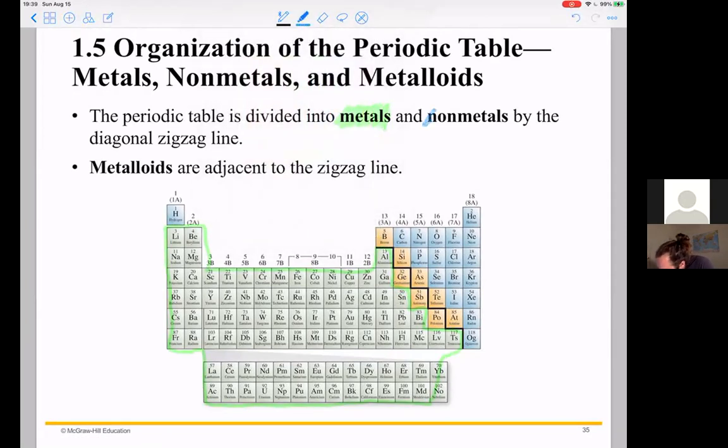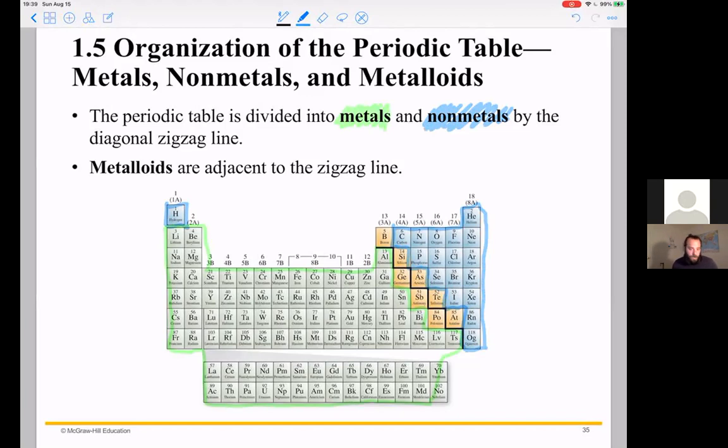In blue, we have the non-metals. Generally speaking, the metals are really important in inorganic chemistry, and the non-metals are really important in organic chemistry, right?